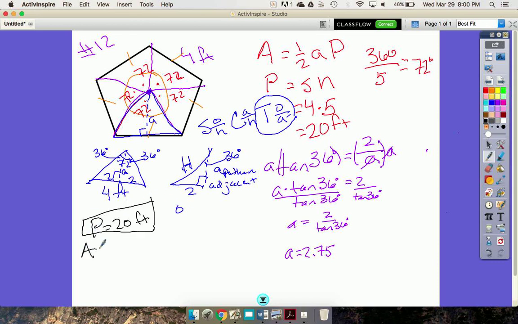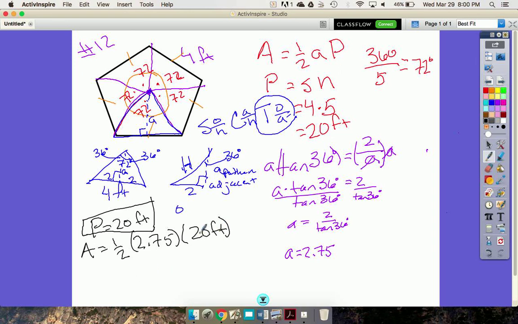I want to get both my answers next to each other. And then the area equals 1/2 A P. We know A is 2.75, and then we also know that P is 20 feet. And so what we're going to do here is multiply together across, right? We have all of the information that we need. So 1/2 times 20.